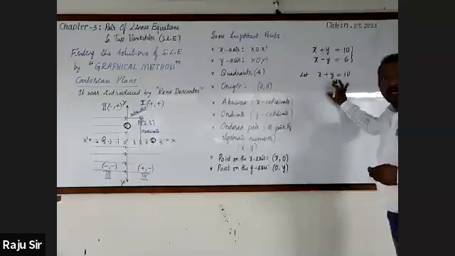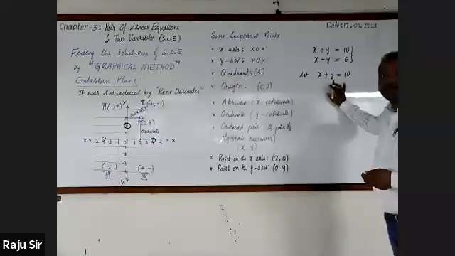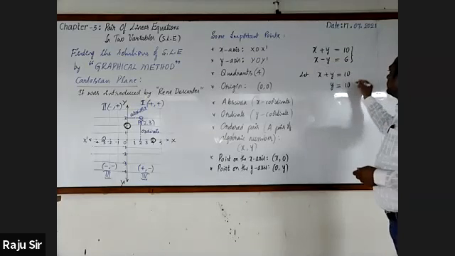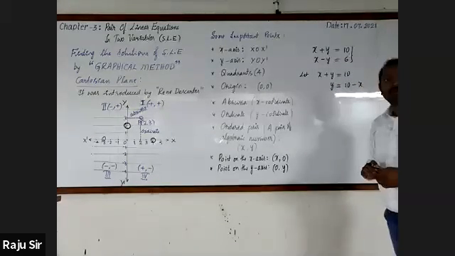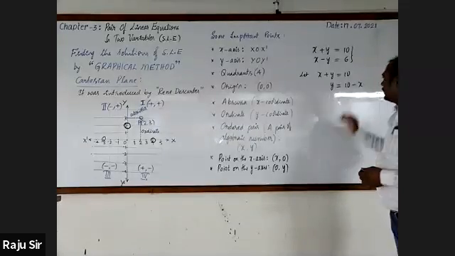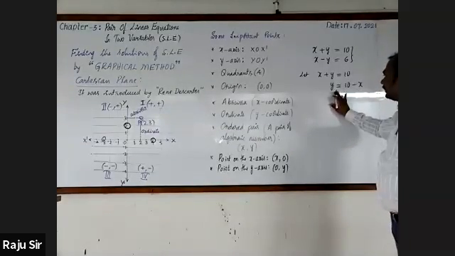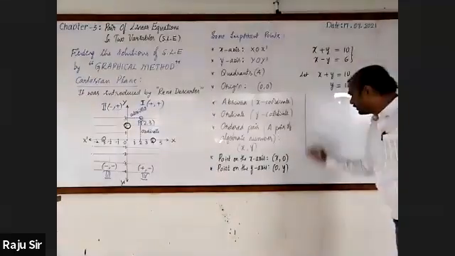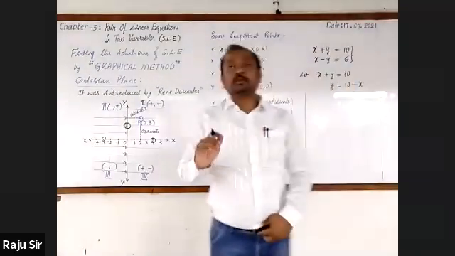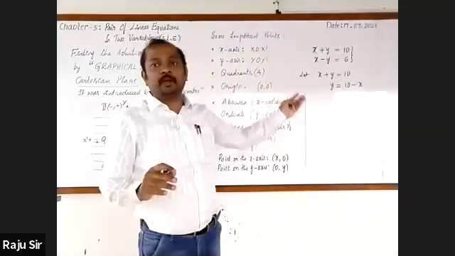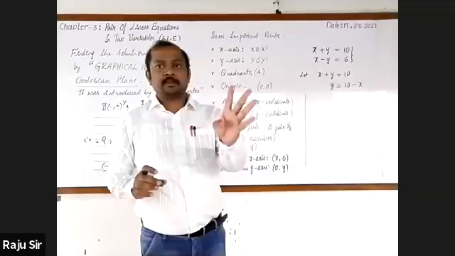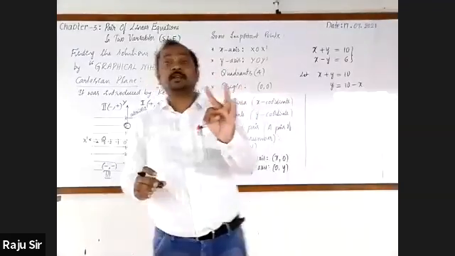In that you solve for y: y is equal to 10 minus x. Did you understand? For this we have to find the coordinates. Very simple. You know how to draw a table for finding the coordinate points, because you have already come across this in 7th standard, 8th, as well as in 9th.